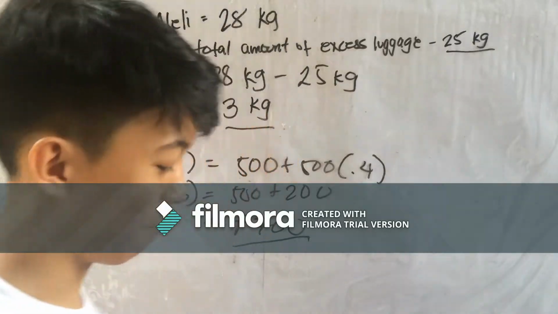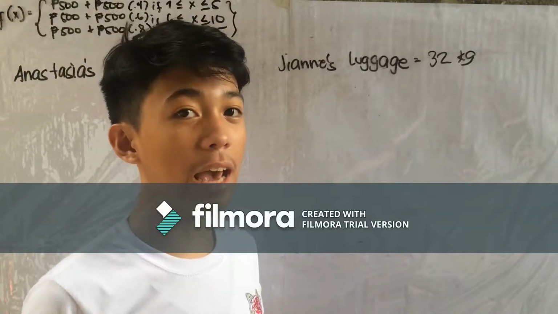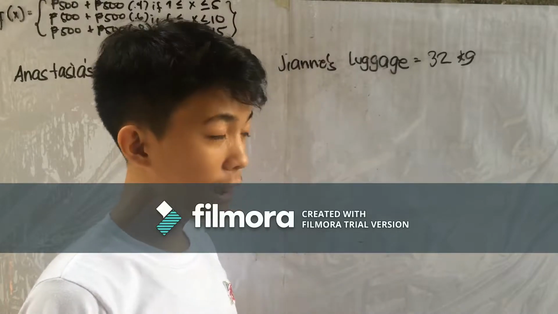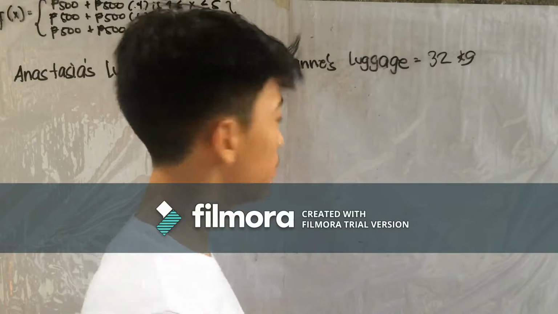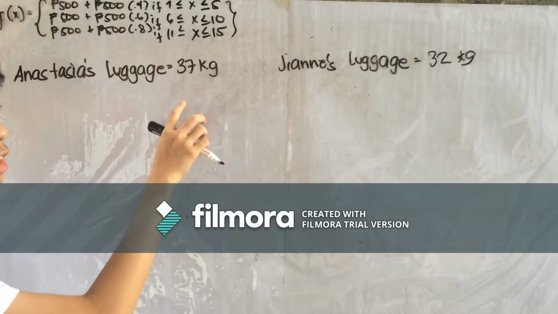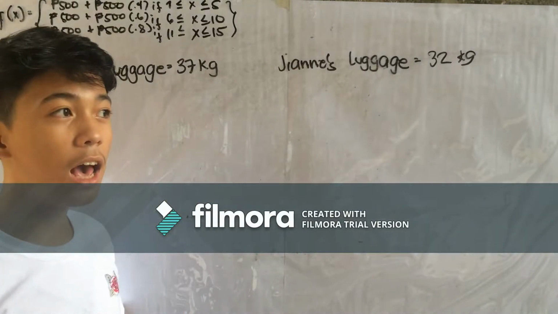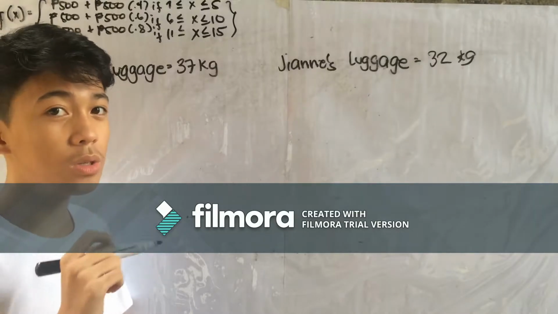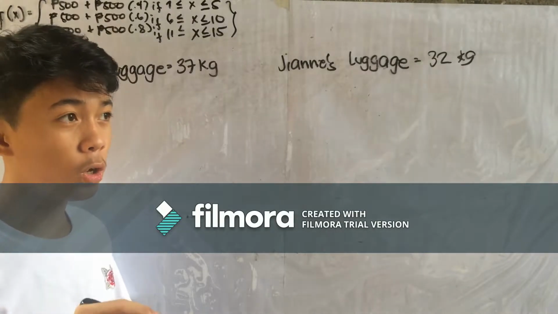Next problem. So, pupunta naman tayo sa iba pang kaibigan ni Rian at tingnan natin kung ilang kilograms yung dala nila sa kanilang luggage. First is Anastasia. Kay Anastasia, ang weight ng kanyang luggage is 37. Tandaan natin na ang x is equals to the total amount of excess of luggage for each person.